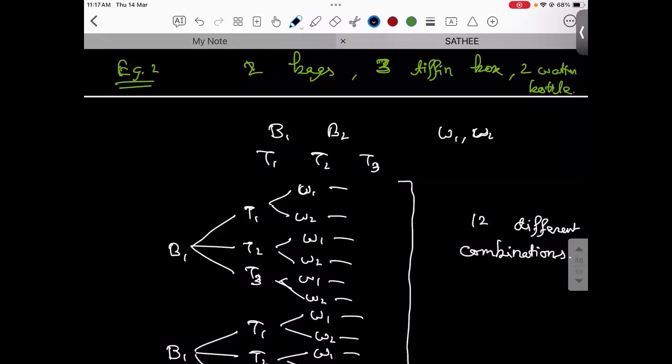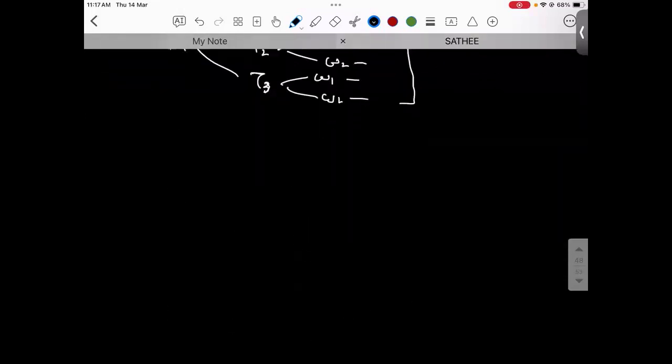Fine. So this is called the fundamental principle of counting. So what is the fundamental principle of counting?